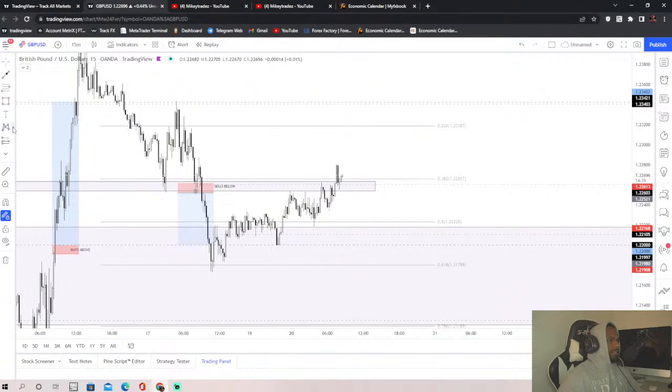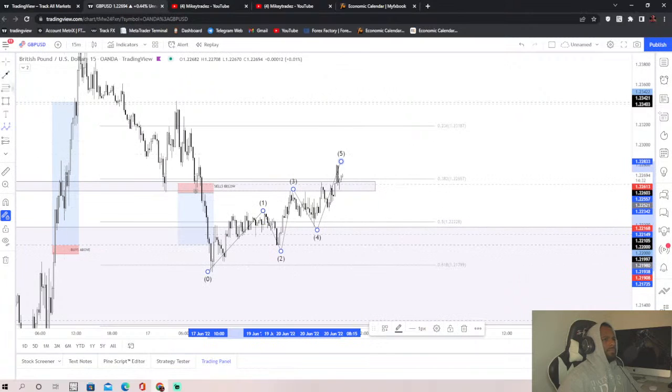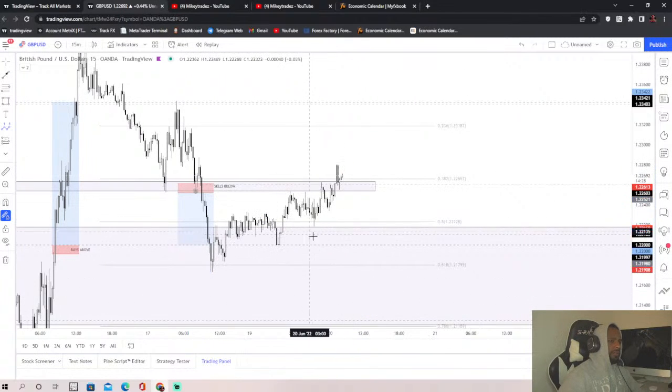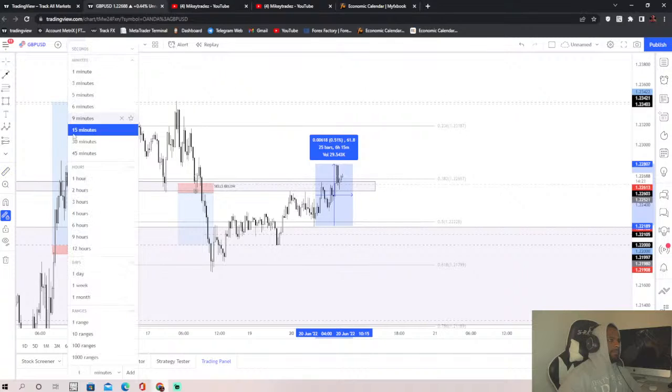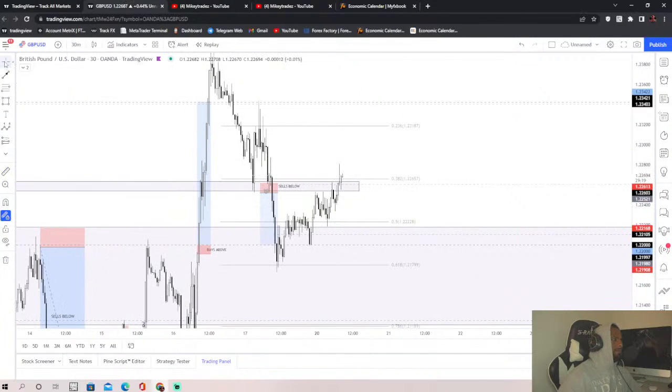So yeah, guys, let's take a look here. We got bam, bam, bam, bam, bam, bam. So we already have a completion of our Elliott wave here. We got the 4th to 5th wave here for a nice 60 pip run in the lower time frame if we were scalping. But I'm not too big on trading market open, guys.